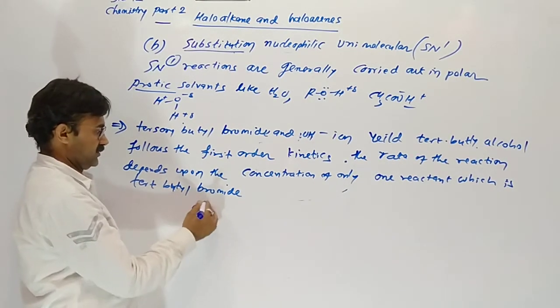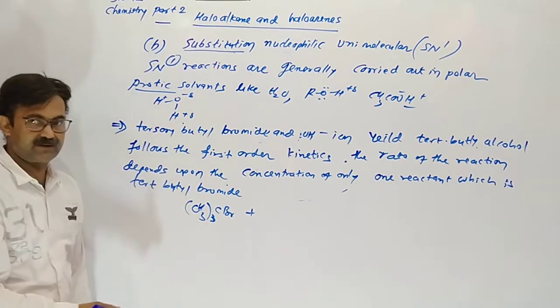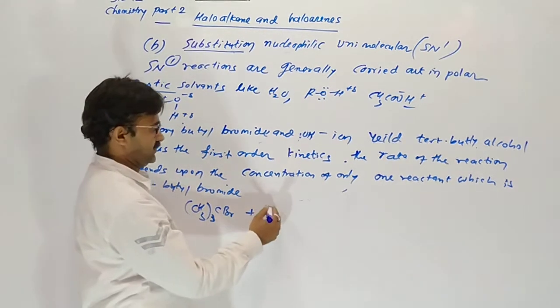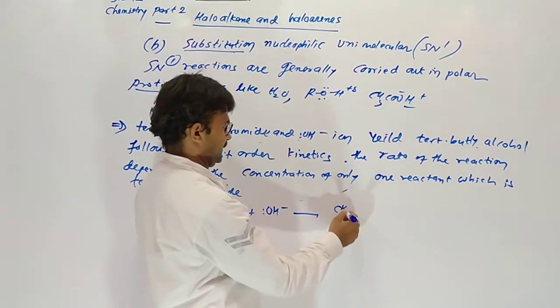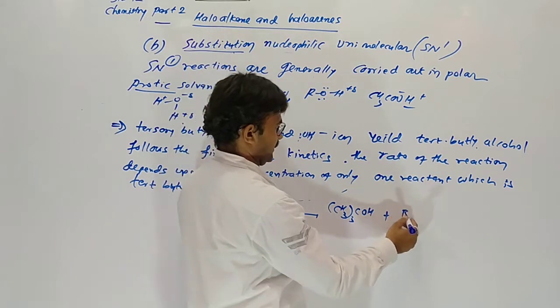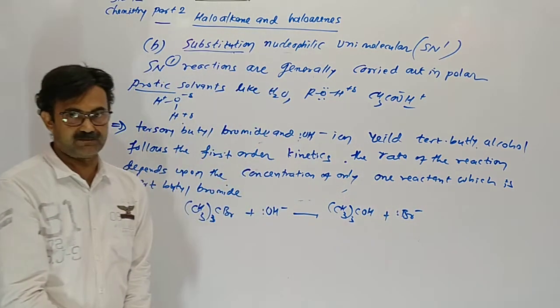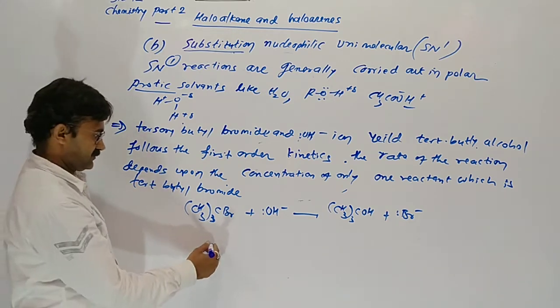In your book, (CH3)3CBr, tertiary butyl bromide, is reacting with the hydroxide ion. So here it gives tertiary butyl alcohol and the bromide ion is removed.